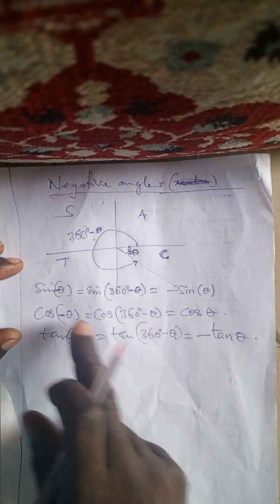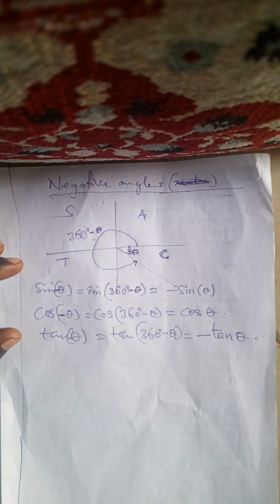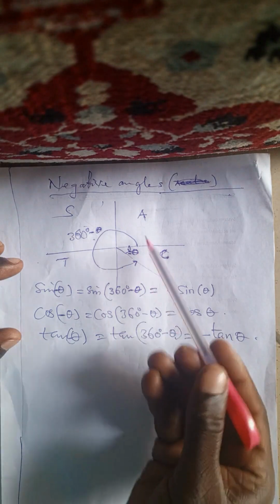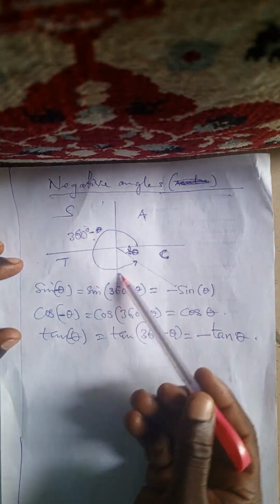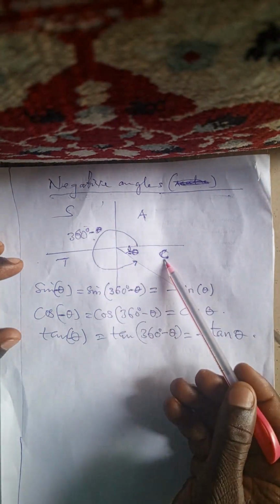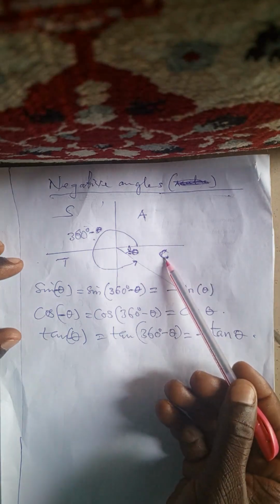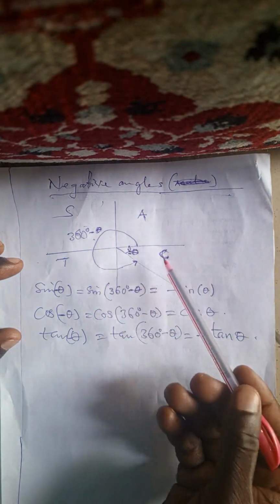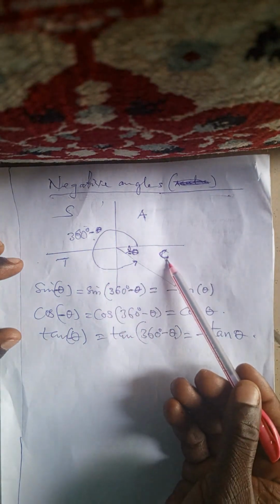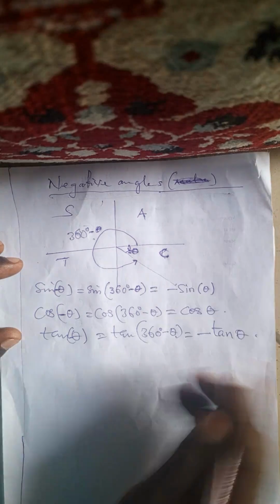What about the other trigonometrical functions? They will follow the same, because in terms of being negative or positive in this quadrant, if cosine is positive here, definitely sec is always positive. So everything here will be negative except sec. This is how it goes.